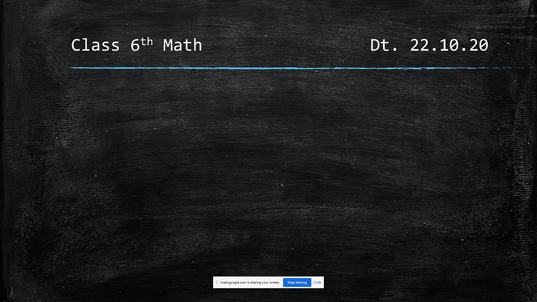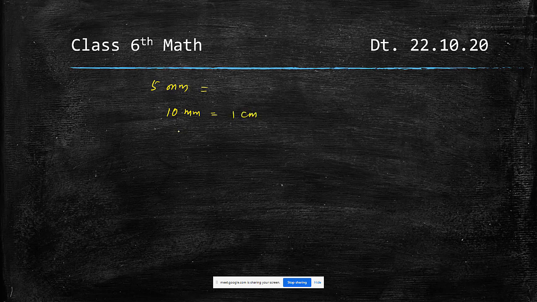Now we know that length is measured in centimeter or meter or millimeter. Suppose 5 millimeter and we want to present it in centimeter. So how will we write? We know 10 millimeter equal 1 centimeter.